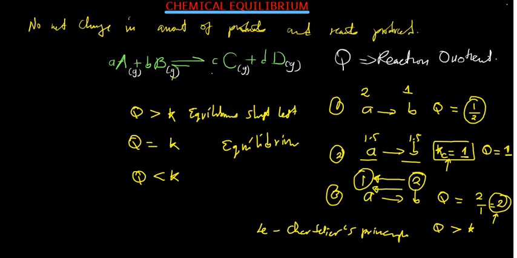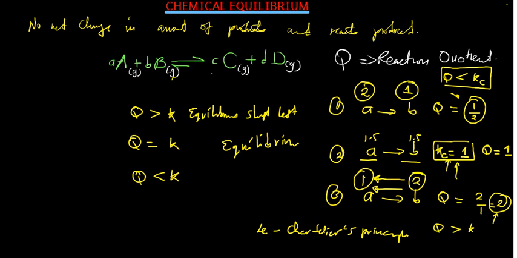Now if we consider the first condition which we have here, the value for Q is less than the value for Kc, because Kc is greater than Q. So when Q is less than Kc, what does that mean? That means we have more on the reactants than we have on the products.